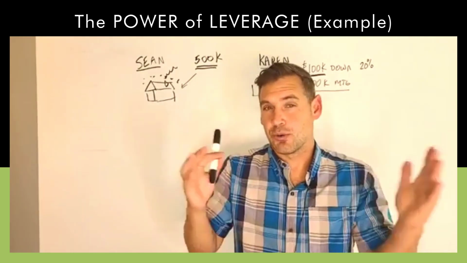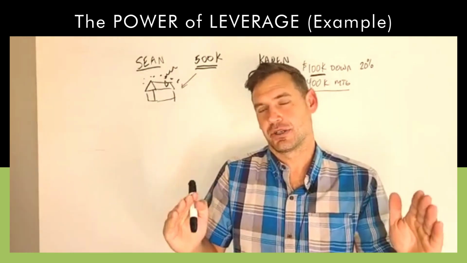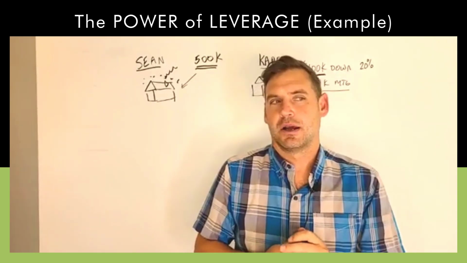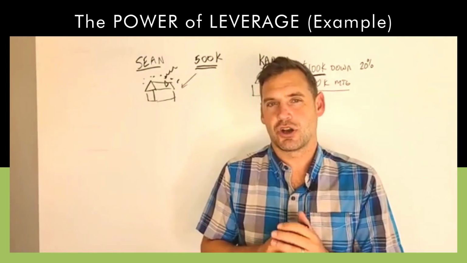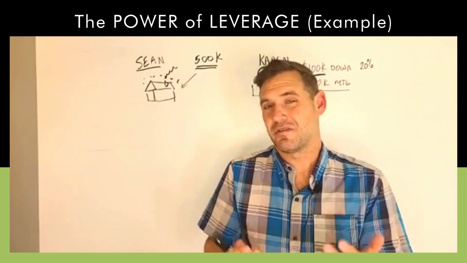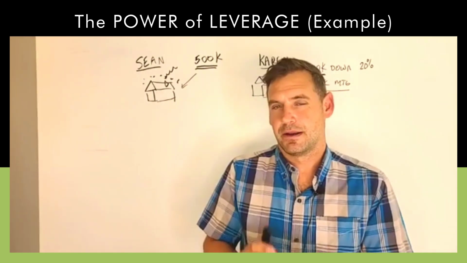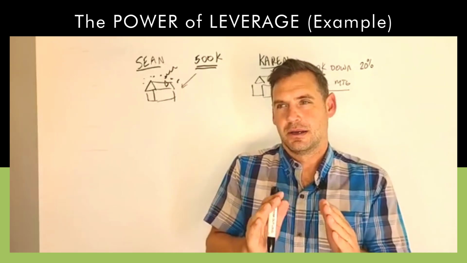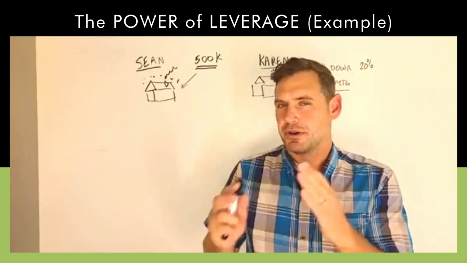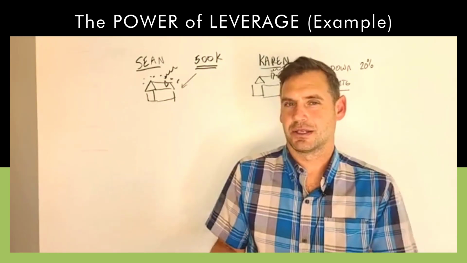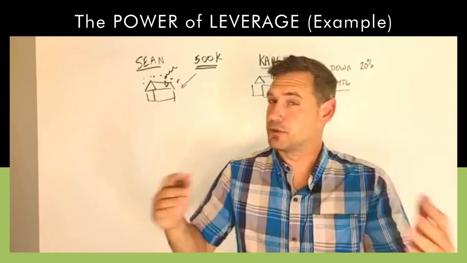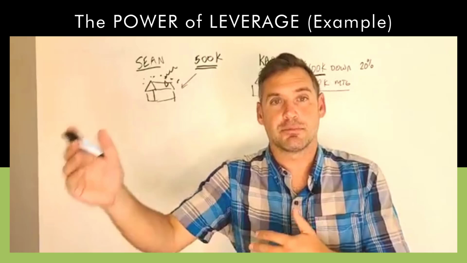So now over the last 50 years in North America, all over Canada, the United States, on average, real estate has gone up just over 5% per year. Now remember that. Does that mean that every year goes up 5%? Absolutely not. Some years it's gone up 2%. Some years it's gone up 9%.